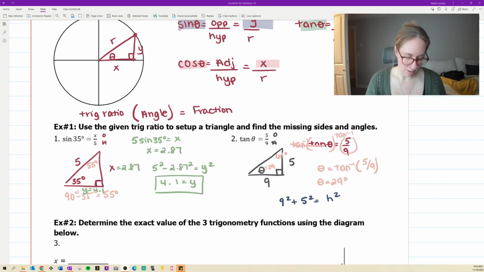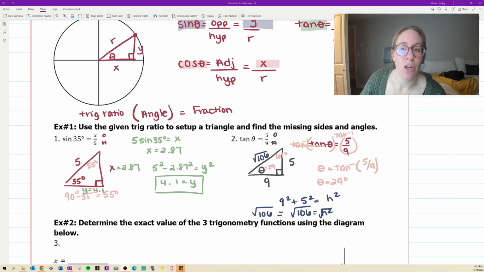So 9 squared, 5 squared, 106. Square root both sides. So I have the square root of 106, and let's see if I can simplify that any further. I cannot. So that is as simplified as it goes.